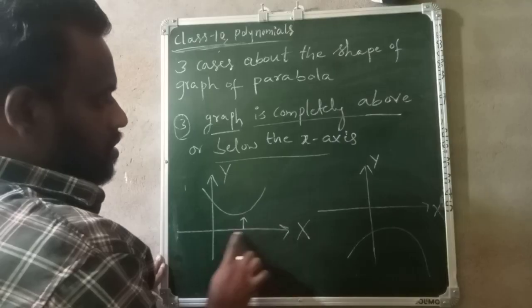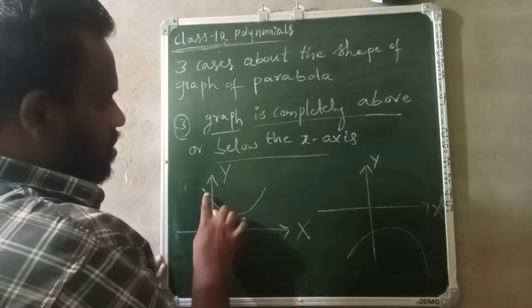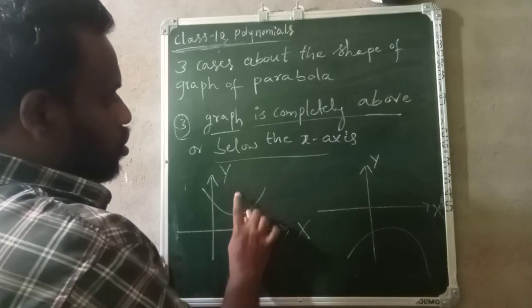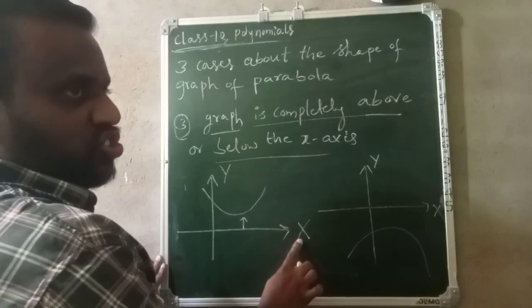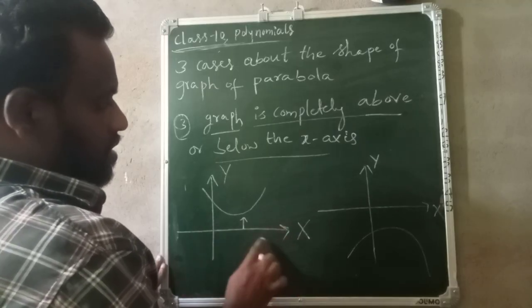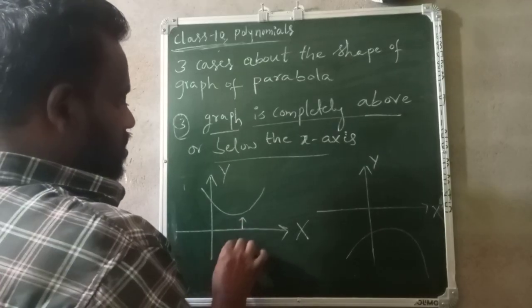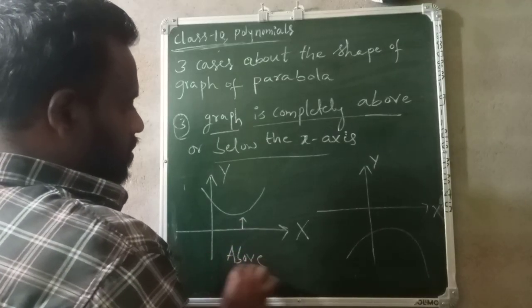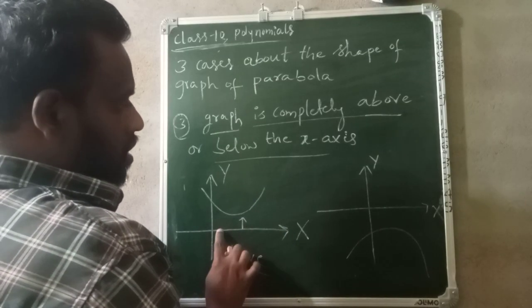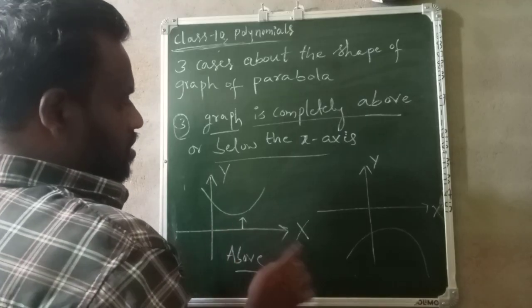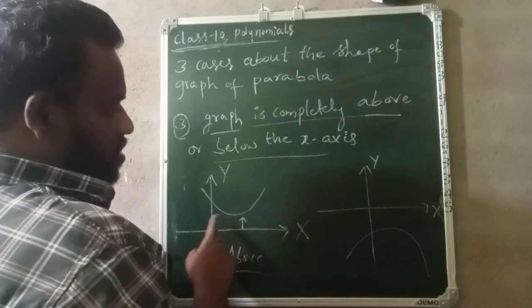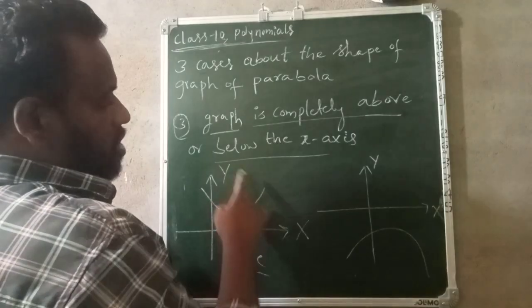This curve is just above the x-axis, and it is not cutting the x-axis. Here the curve lies above this x-axis. That means it is not touching the x-axis and it lies above the x-axis.